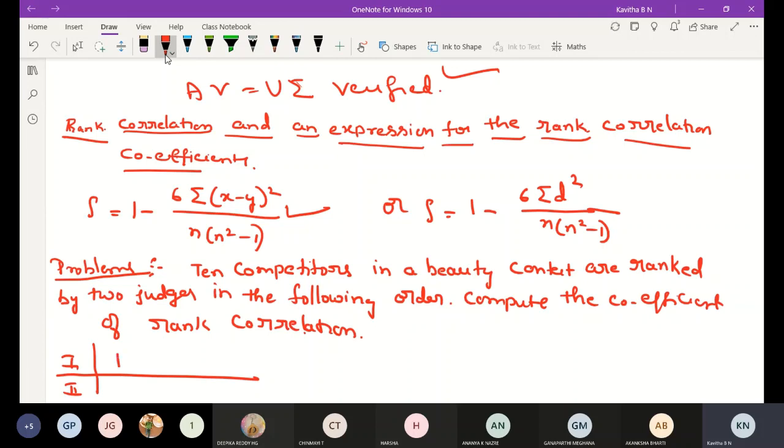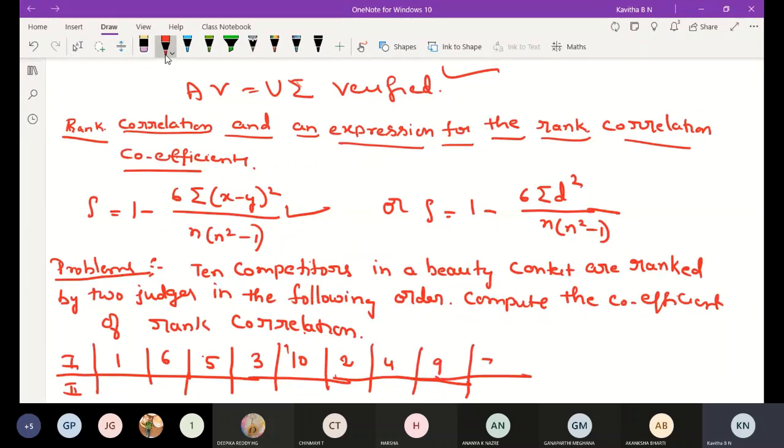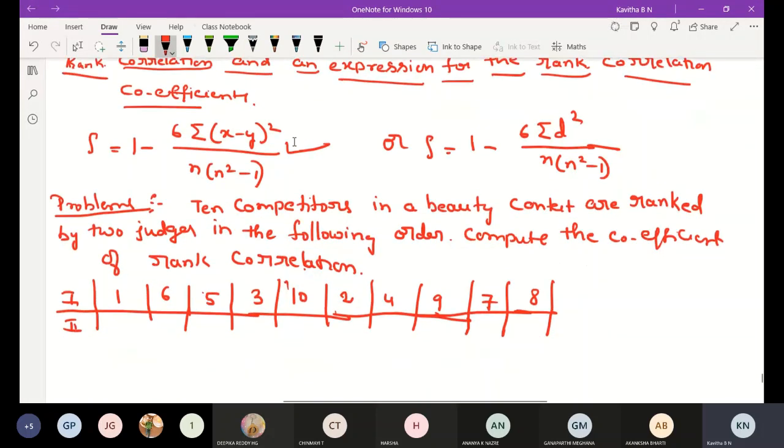First judge is 1, 6, 5, 3, 10, 2, 4, 9, 7, 8. Here there are 10 competitors.